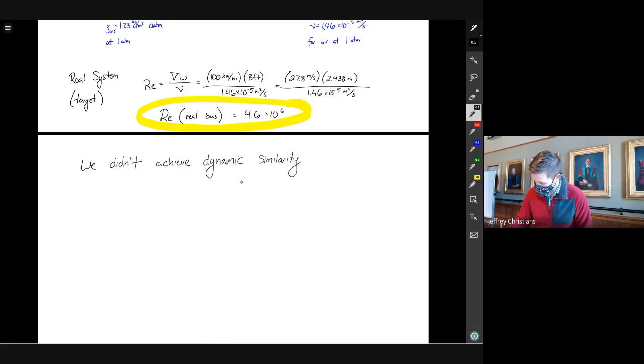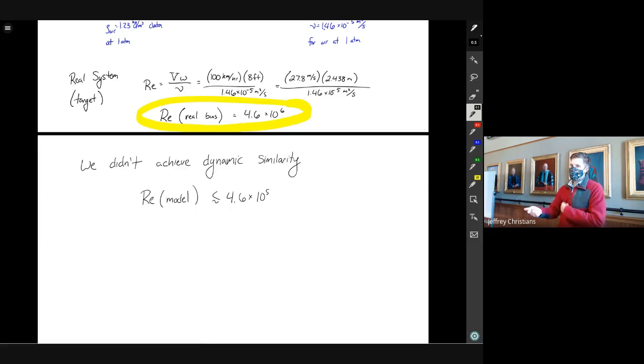We found that the Reynolds number for our model was less than about 4.6 times 10 to the 5. So we never got to a high enough Reynolds number. We did, though, get close.